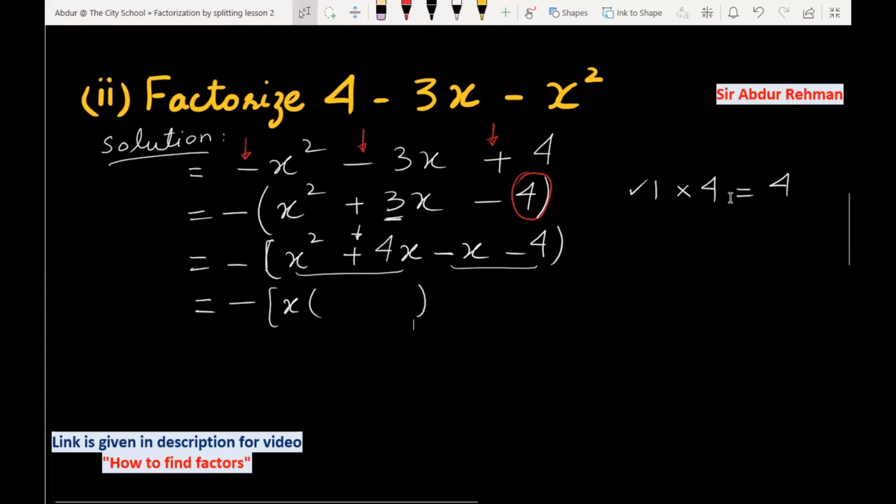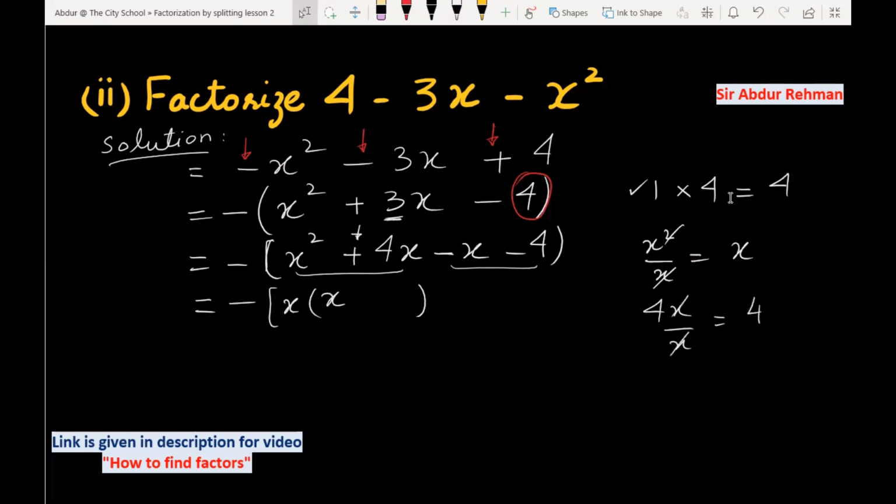So you have to write by dividing x square by the common x, and by dividing 4x by this common x. So let's check. X squared by x cancels out, this is x, and 4x divided by x will be plus 4. So I'm going to write plus 4.